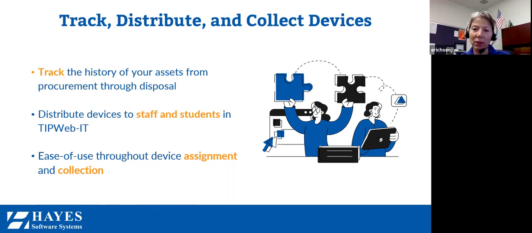We assign all the devices to a child and put labels on them, to the point where when we're purchasing our devices, we actually work with the vendor to make sure that we have the children's names on them, and they register everything in the Google console for us. So we've got labels on them.